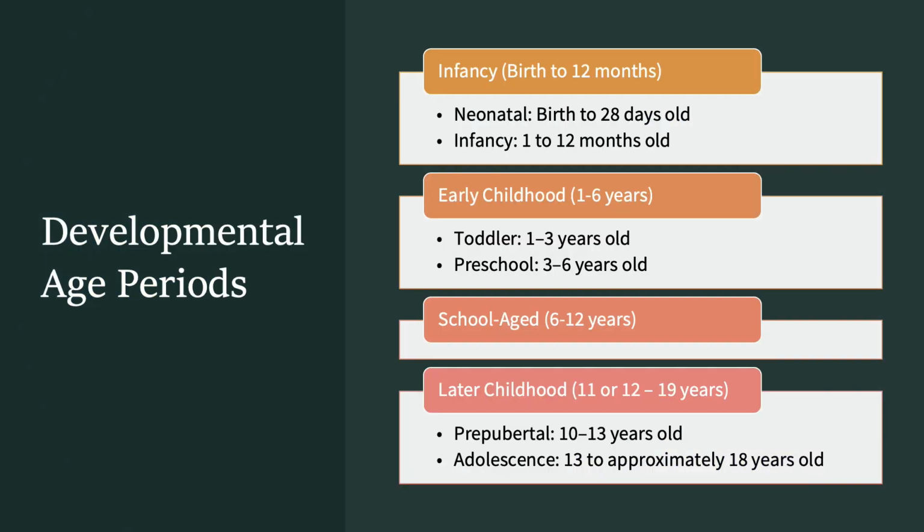Now, when we teach growth and development in pediatrics, we use developmental periods. And there's some variation in textbooks with the specific ages, but you can see here from neonatal to infancy, toddler to preschool, school age to adolescence, many texts cover this exact pattern of developmental periods.